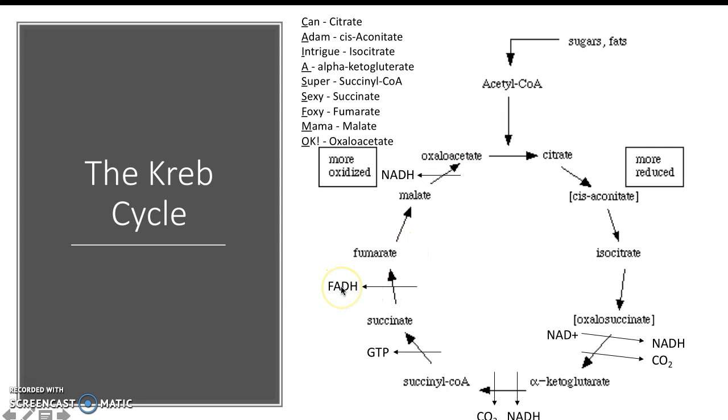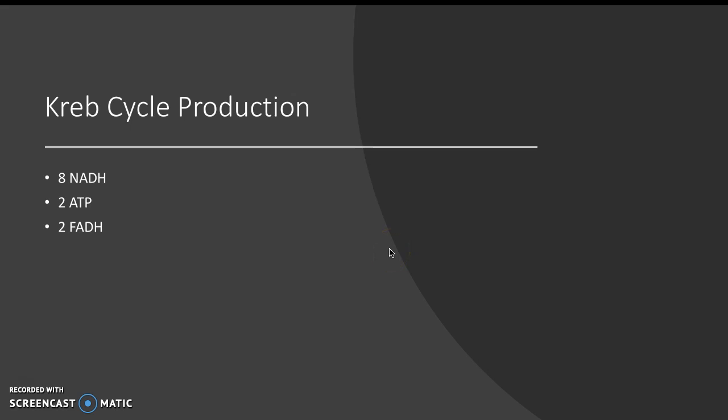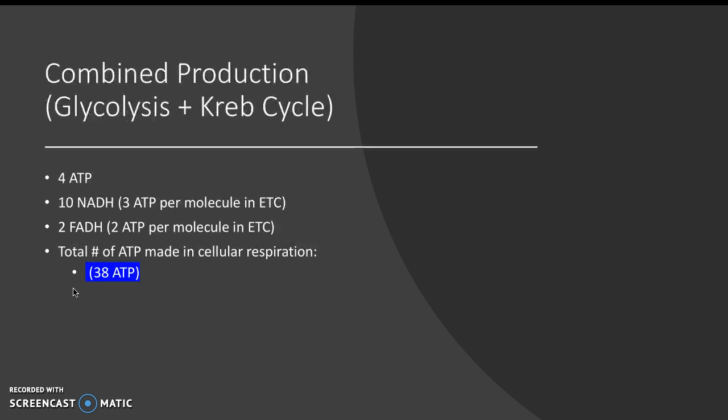So that means per cycle of the Krebs cycle, we will have 2 FADHs produced. So what we need to do with this information is combine the two. Combining the Krebs cycle and glycolysis, we see that we have 4 ATP in total produced, and we see that we have 10 NADH produced and 2 FADH.